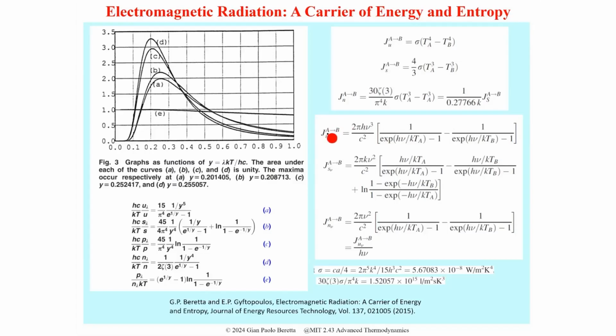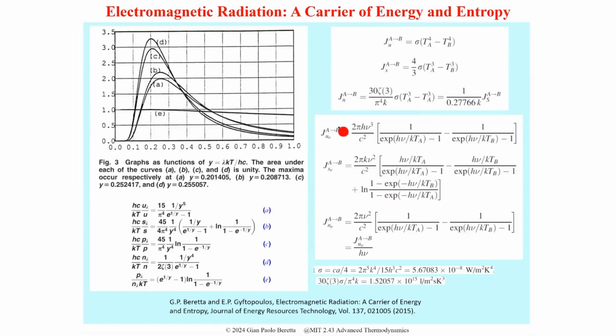But of course, you can also talk not only about the overall flux of energy carried by these photons, but also about the flux of energy carried by each mode of the electromagnetic field. So you do this per frequency.